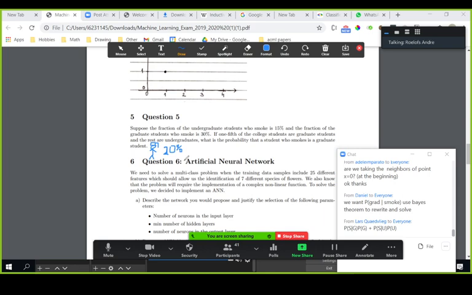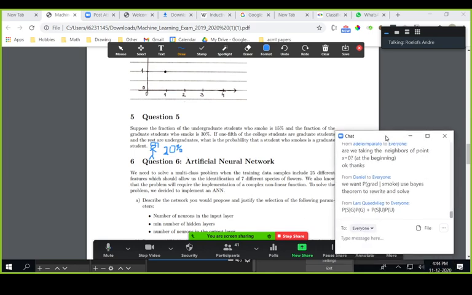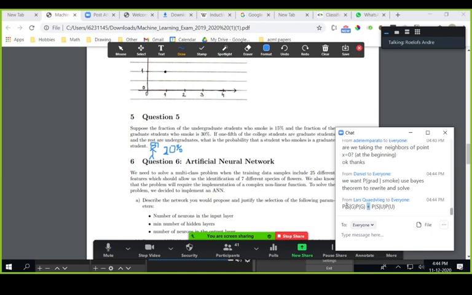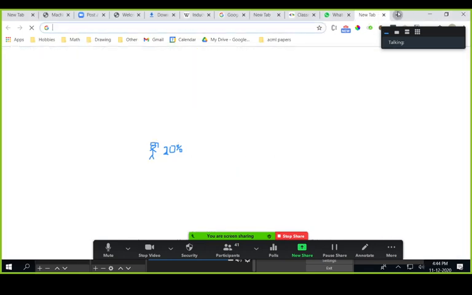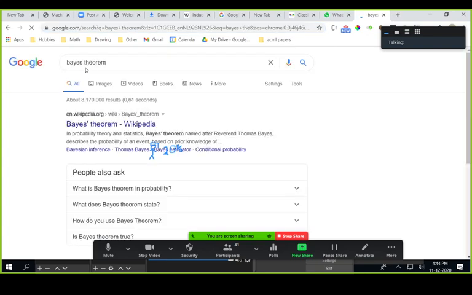Yeah, so you just need to use the Bayes theorem. Oh boy, the Bayes theorem. Okay, I actually need to look it up because I have no idea. For now, how was it again?